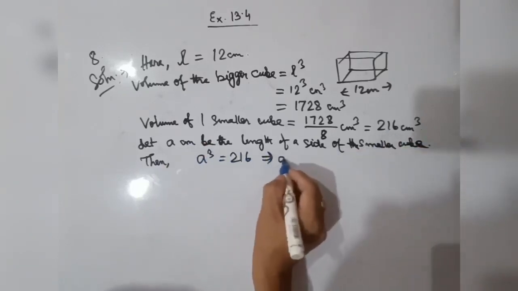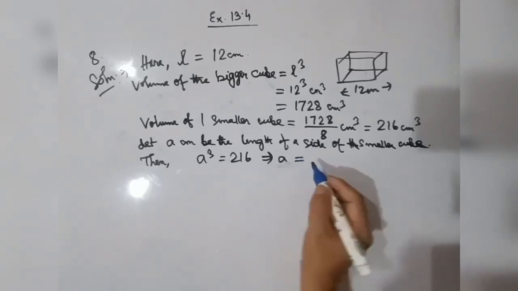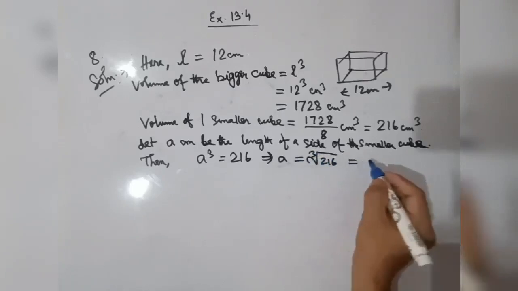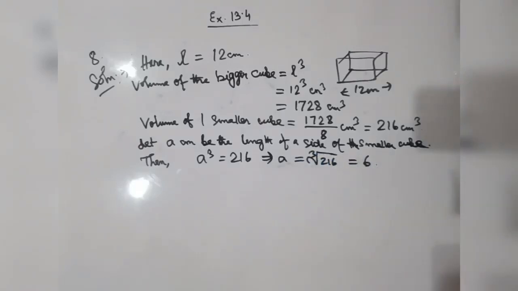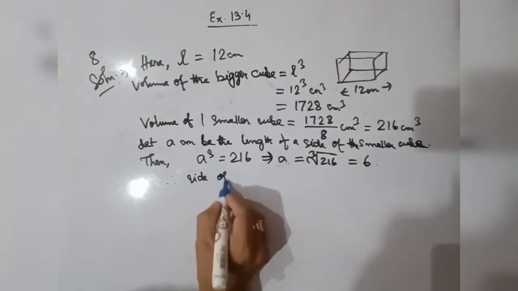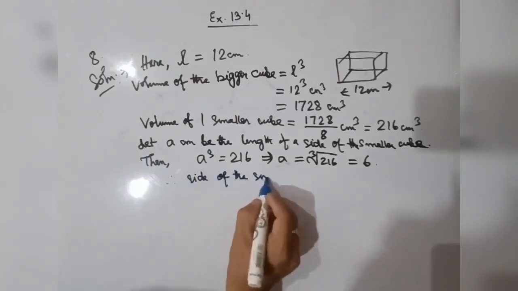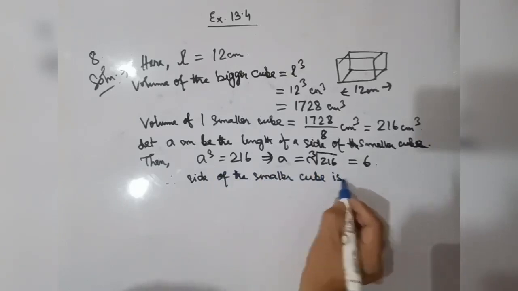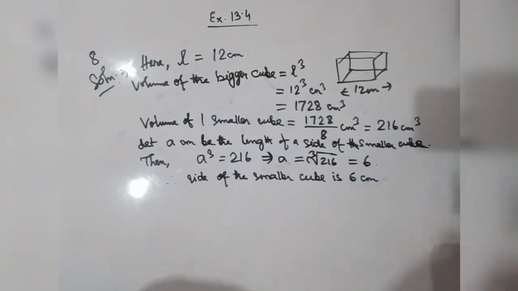This implies a equal to cube root of 216, which is equal to 6. So the length of a side of the smaller cube will be 6 centimeters. So therefore the side of the smaller cube is 6 centimeter.